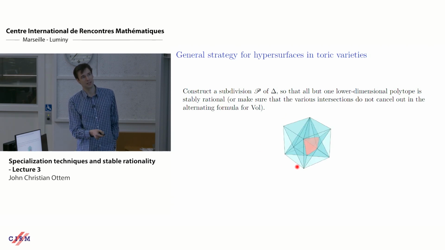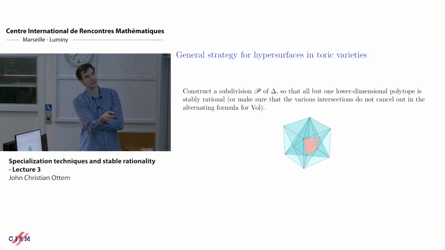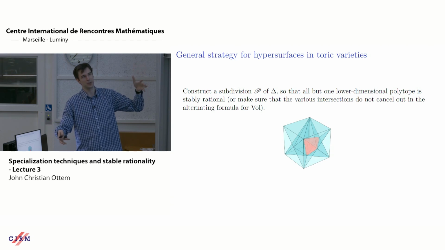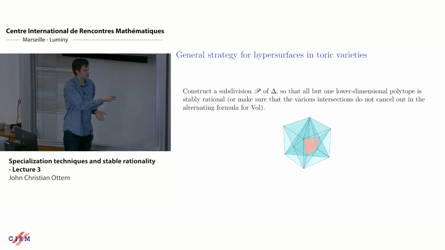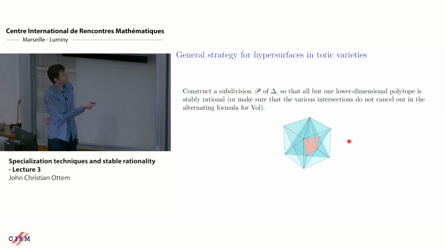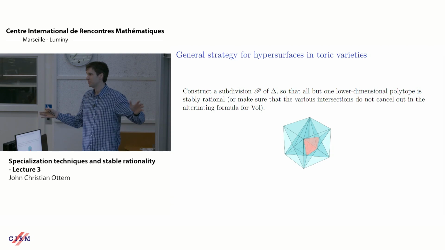So that means that, okay, another attempt to draw a big polytope here, but you have some toric variety that you care about, and you want to try to find a subdivision so that somewhere inside the corresponding strata there's something that's irrational, like this. And ideally, you would have just that one irrational thing and the rest rational.